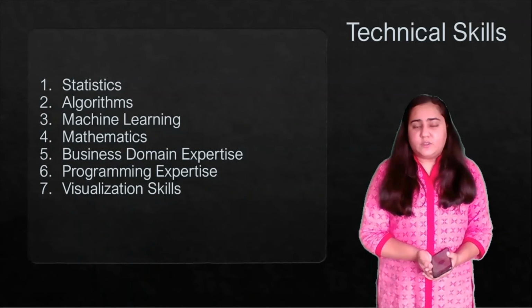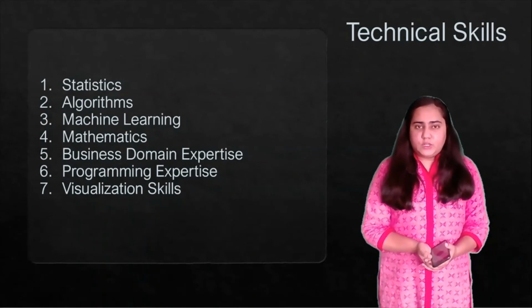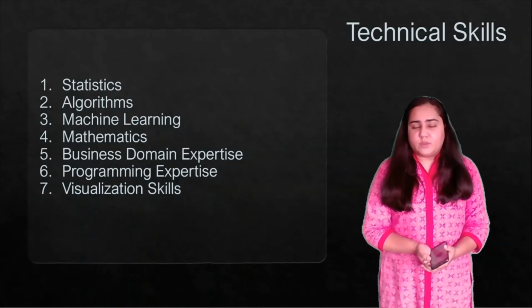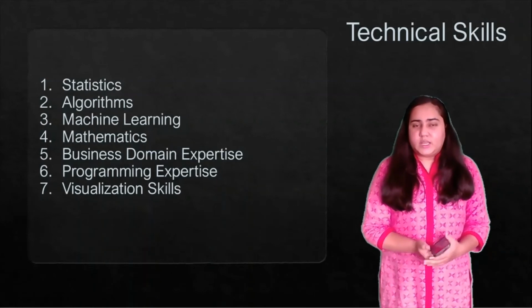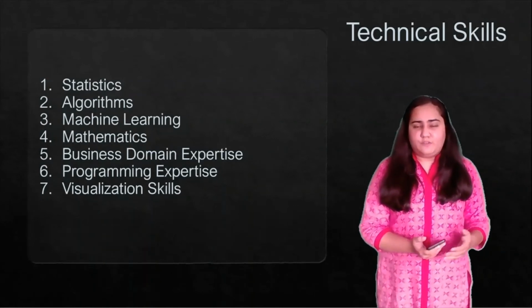You also need to have some business domain expertise. So this is where you need to decide which area you want to become a data scientist in. In the beginning, I explained to you all the applications of data science or data analytics. In those applications, you must have seen there's healthcare, there's sports, and everything.